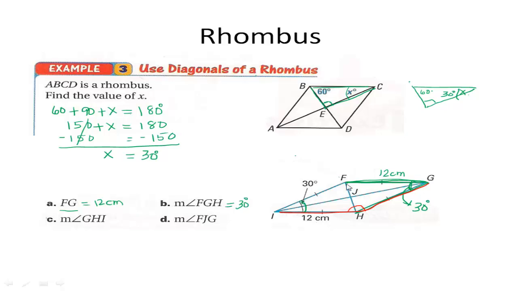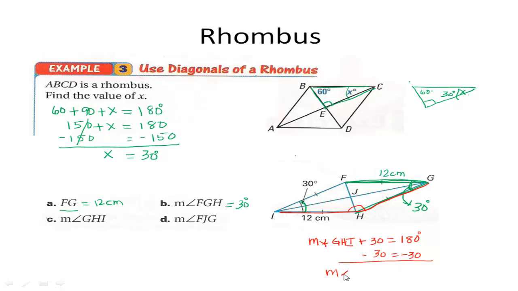Now, since this is a parallelogram, I know that consecutive angles add up to 180. So if this angle is 30, I can write the measure of angle GHI plus 30 has to be 180 because they're consecutive angles. And I can solve for the measure of angle GHI by subtracting 30 from each side.